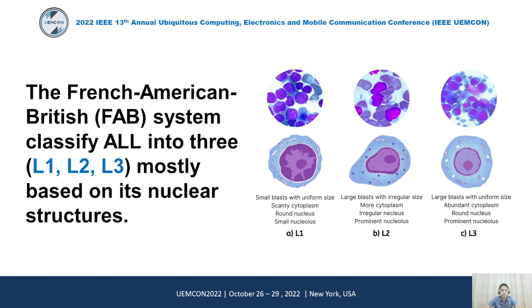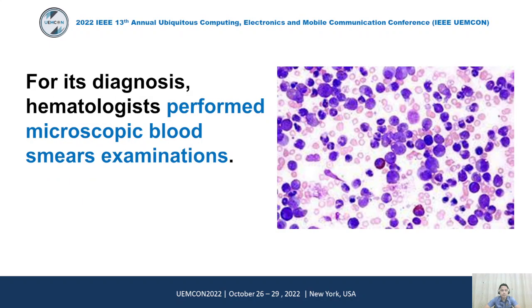It has been classified by the French-American-British system as L1, L2, and L3, depending on the size of the blast, as you can see in the figure. For its diagnosis, hematologists perform microscopic blood smear examinations. This is a sample of a microscopic blood smear.